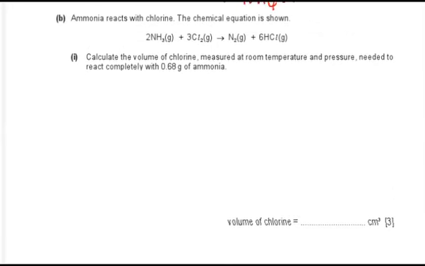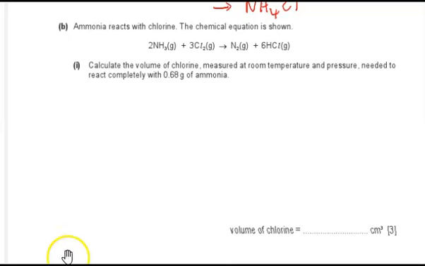Okay, for this question, ammonia reacts with chlorine. The chemical equation is shown as below. Okay, now we have this.